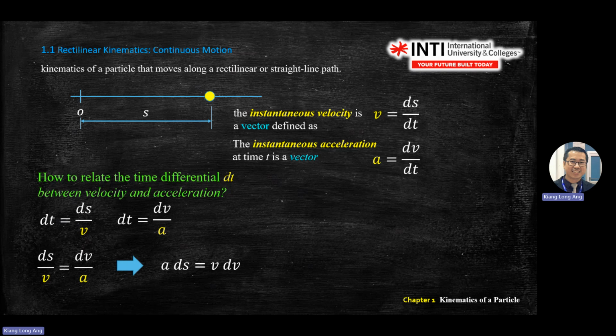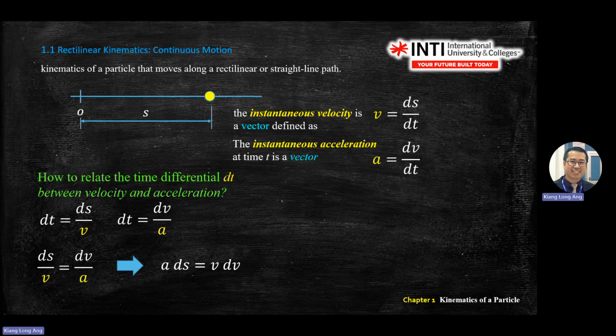So today you learn a new equation where you combine the definition of v and the definition of a, and by equating the dt you get a ds = v dv.